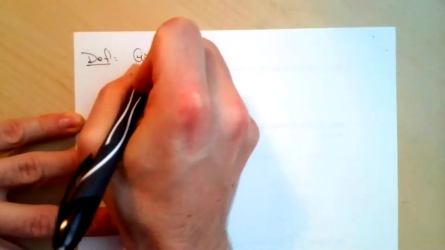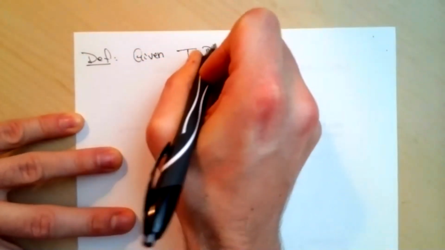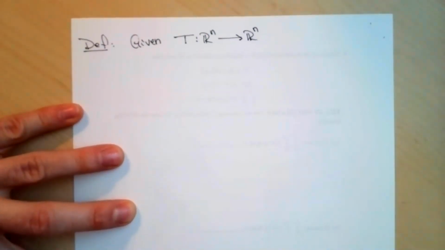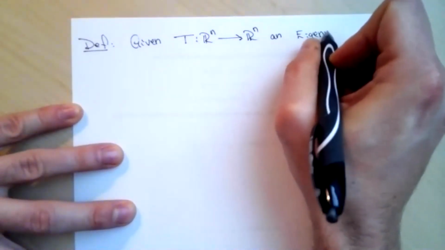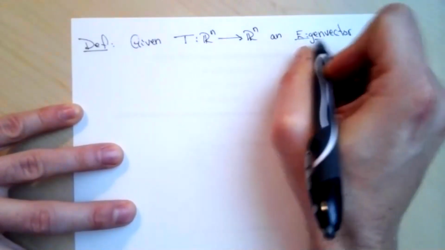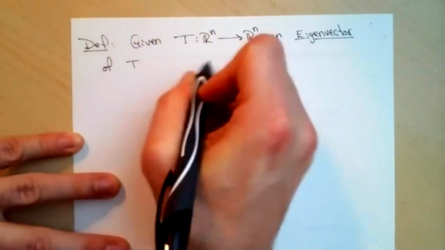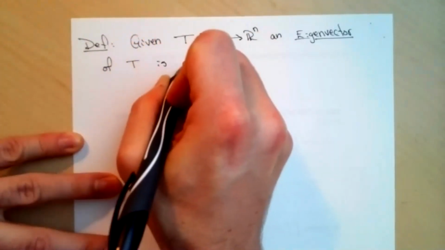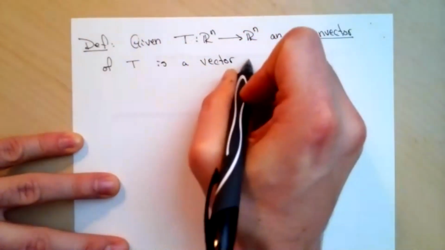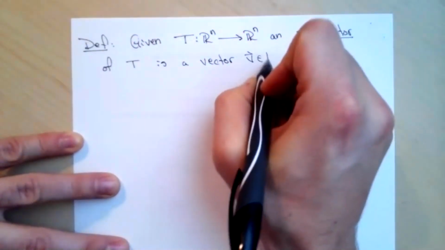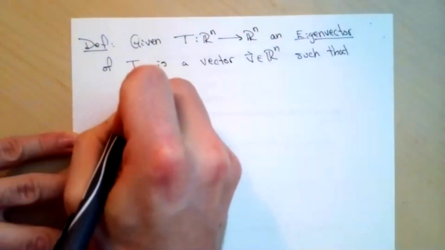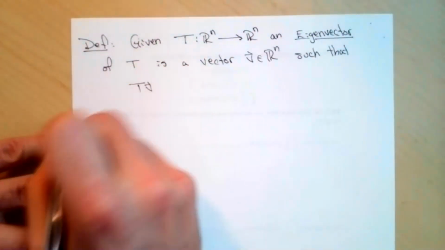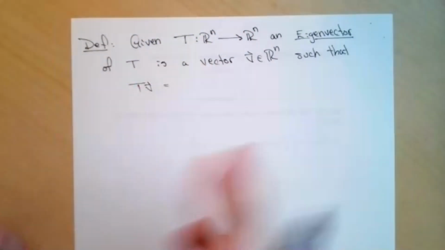Given a linear transformation from Rn to Rn, an eigenvector of T is a vector, we'll call it v in Rn, such that, when we apply T to this vector, it has to be in the same direction.